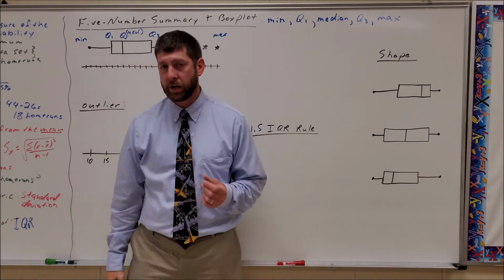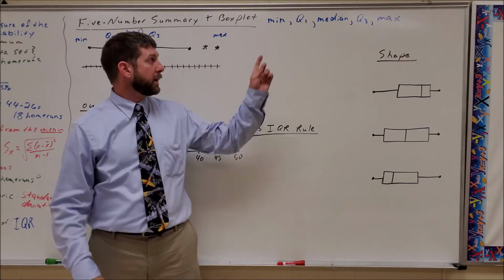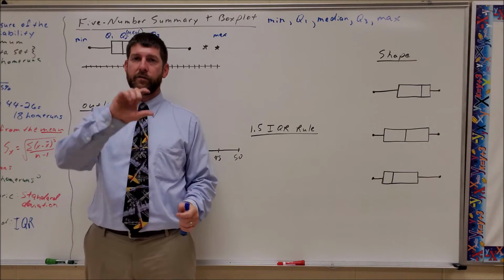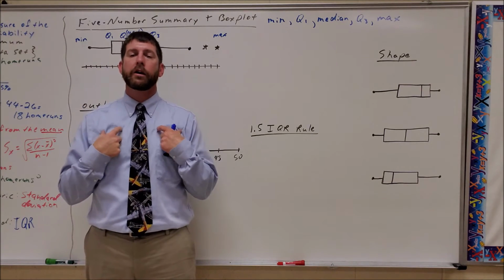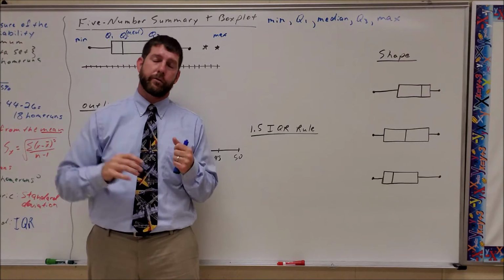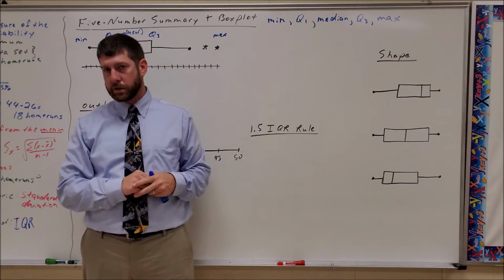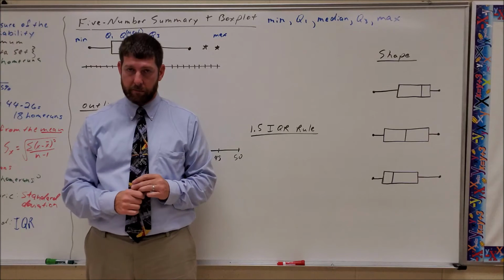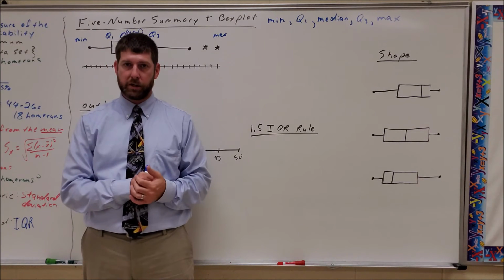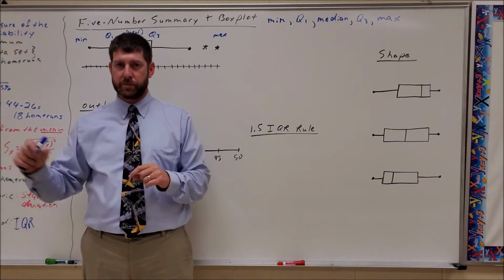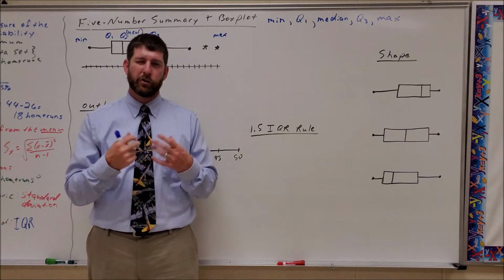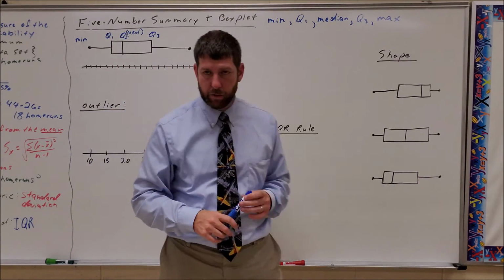I don't have to write out the names of those. If I say 5-number summary and then I see 5 numbers separated with commas, I already know what each one represents. I know the 2nd one is Q1, the 4th one is Q3, the 5th one is the maximum, and the 3rd one is the median. Because you're saying 5-number summary, you're already telling me the positions of all of them without writing them. So that's how we want to write our 5-number summaries.